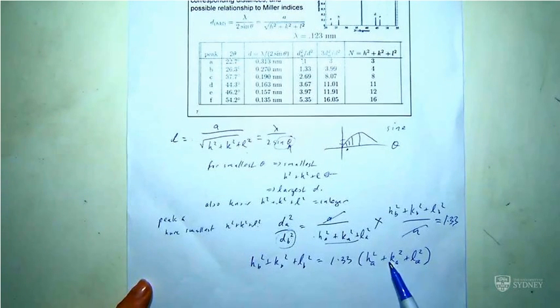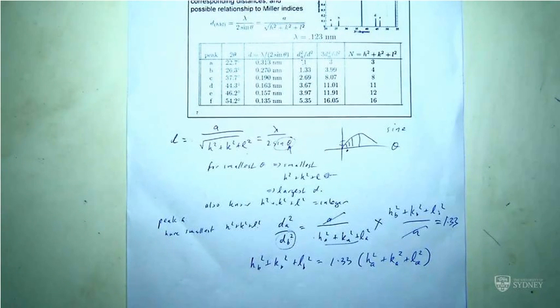Okay, so we start off with this, and we know it has to be an integer. So, for example, if you would put h equals 2, 0, 0, this would get you 4 times that. What's 4 times 1.33? It's not going to work.